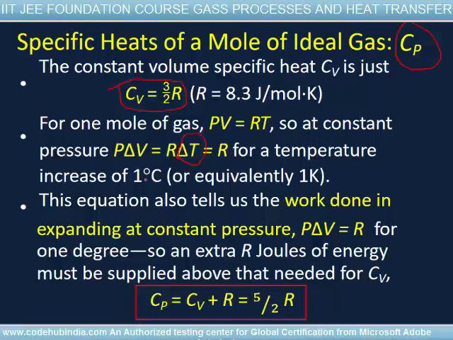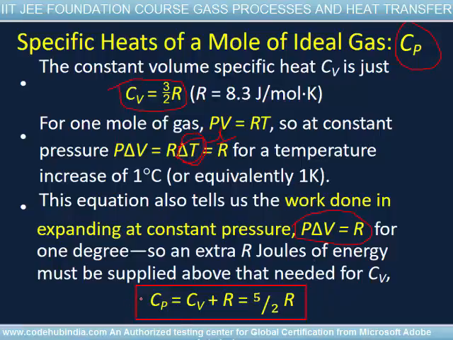Temperature increases 1 degree centigrade, equivalent to 1 K. In this equation, work done in expanding against the pressure equals this, because this del T becomes 1. Then P del V for 1 degree is R joules.